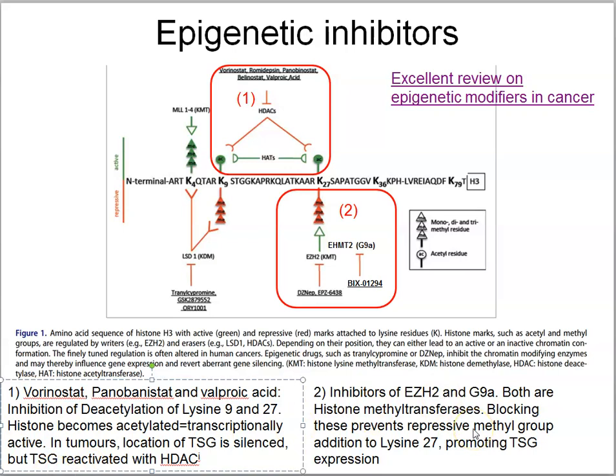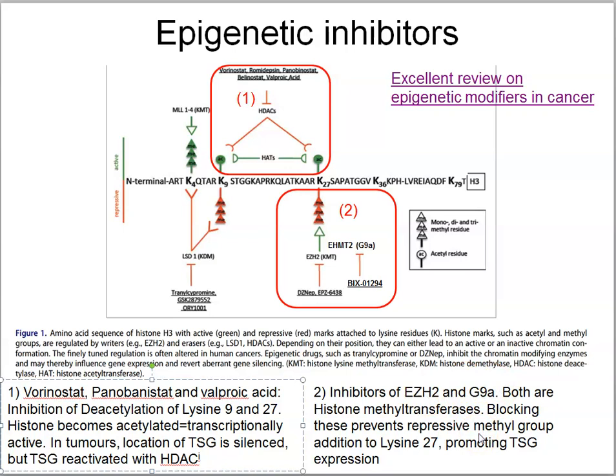So the key point you need to understand here is that both of these histone-targeted epigenetic modifications are predicted to promote re-expression of silenced tumour suppressor genes. Both the HDAC inhibitors and the EZH2 and G9A inhibitors will cause re-expression of silenced tumour suppressor genes.